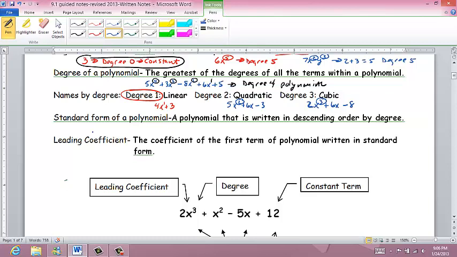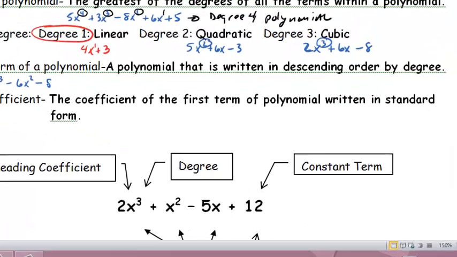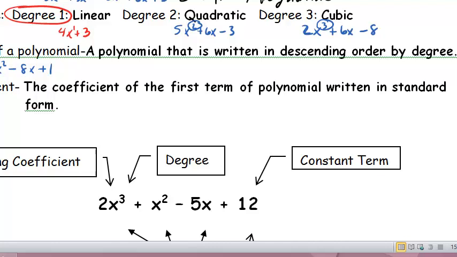For example, a polynomial written in standard form would be 5x to the third minus 6x squared minus 8x plus 1. We start with the highest degree, second highest, third highest, and then our constant will always be last.